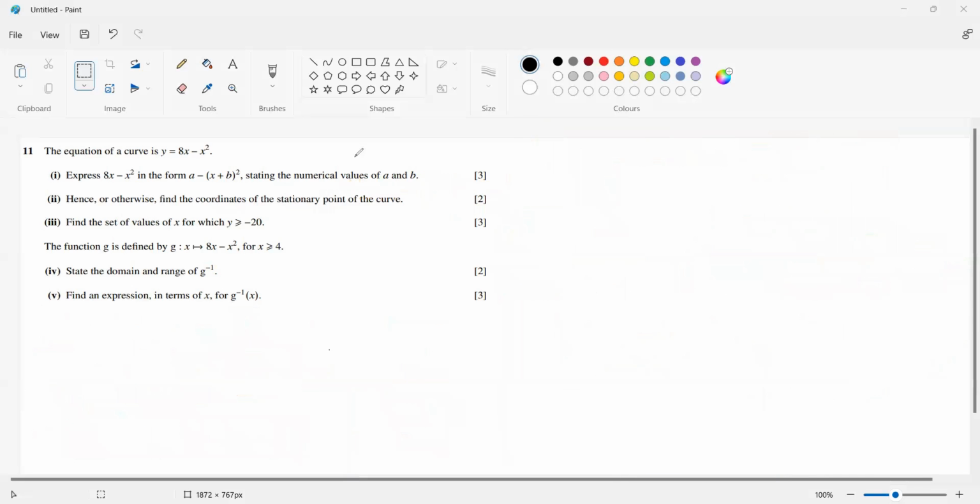Okay, let's go for the 4th question, please. They say state the domain and range of g inverse. If the function g is defined by 8x minus x squared for x bigger than or equal to 4. Okay, whenever they give a domain and range, please remember that we can look at it from the definition of g(x).